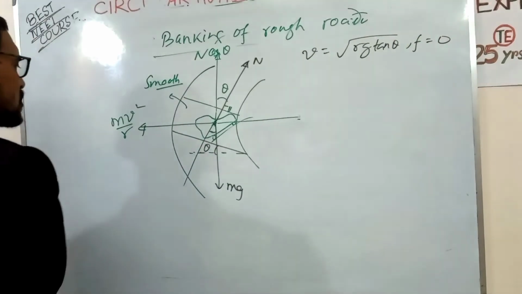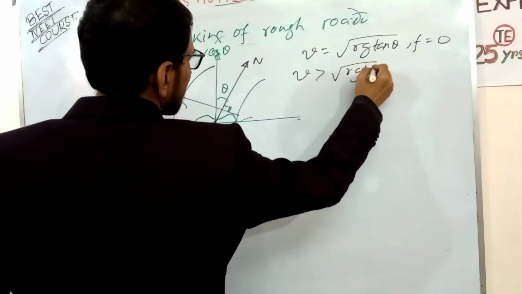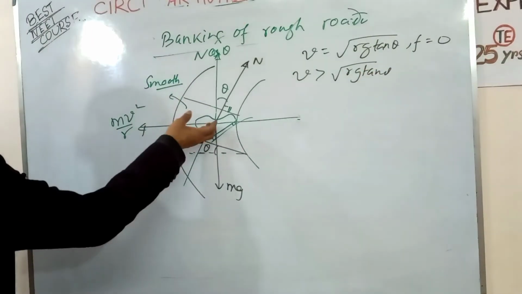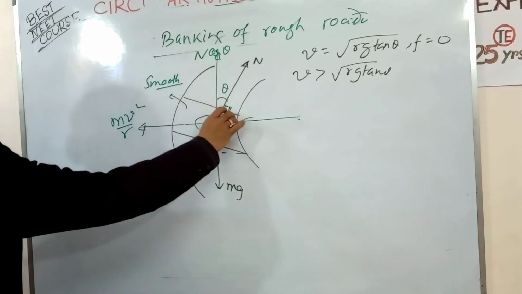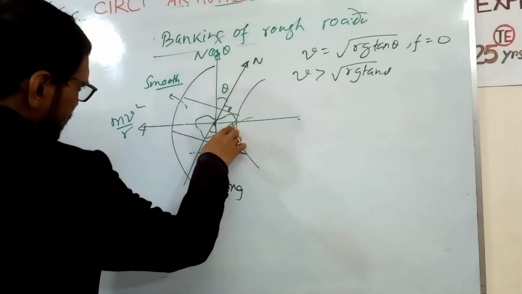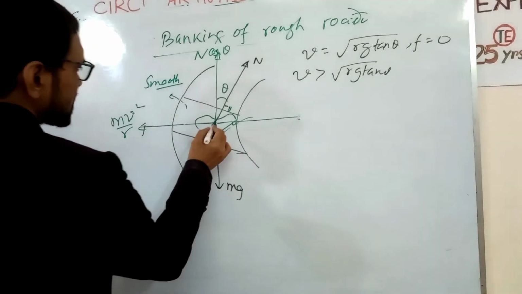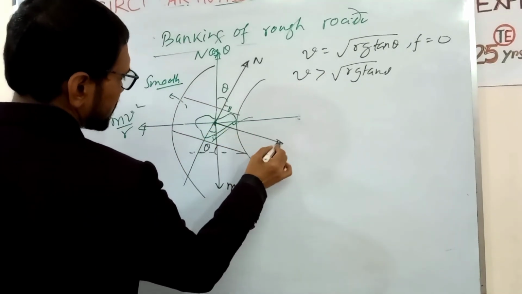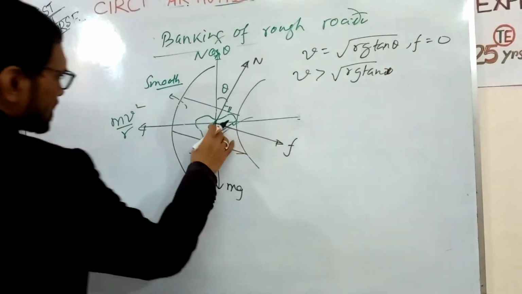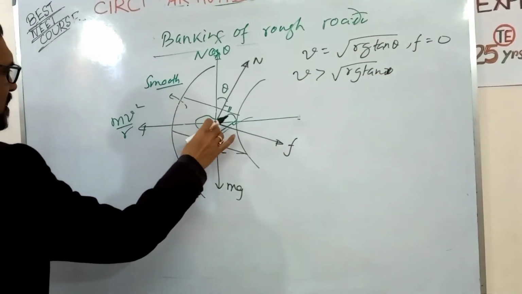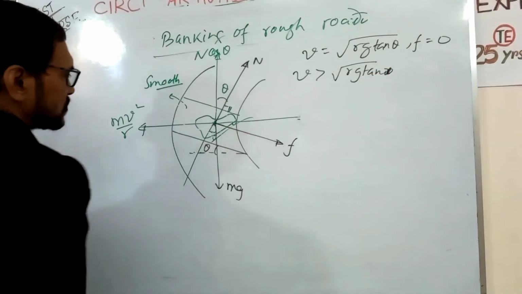Now if the velocity is greater than root over rg tan theta, what happens? Velocity is more means this force is more, so the car goes up, but friction stops this motion. So when v is greater than root over rg tan theta, friction acts downward. And if v is less than root over rg tan theta, friction acts upward.